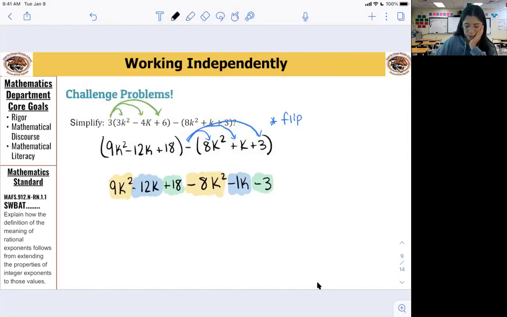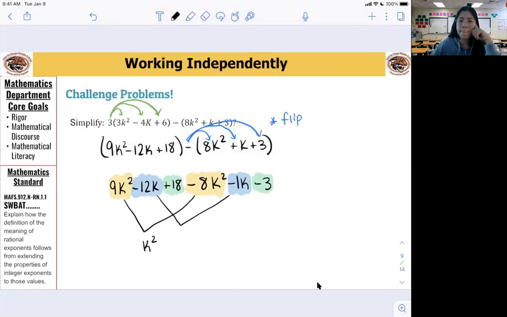So combining like terms, what do I get for these k squares? Nine k squared minus 8k squared. Good. 9 minus 8 just gives me 1. So I just have 1k squared. Then negative 12 and negative 1.